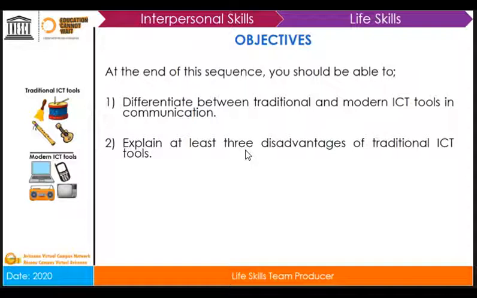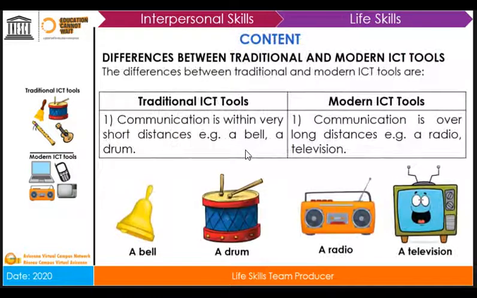Differentiate between traditional and modern ICT tools in communication. And 2. Explain at least 3 disadvantages of traditional ICT tools. And now to the lesson proper.